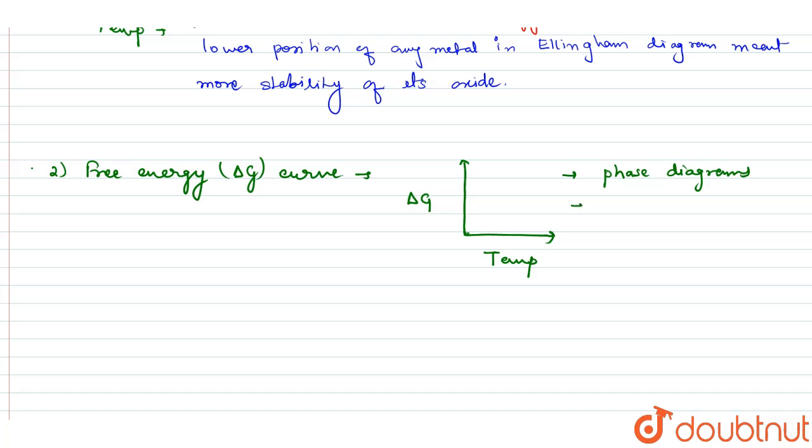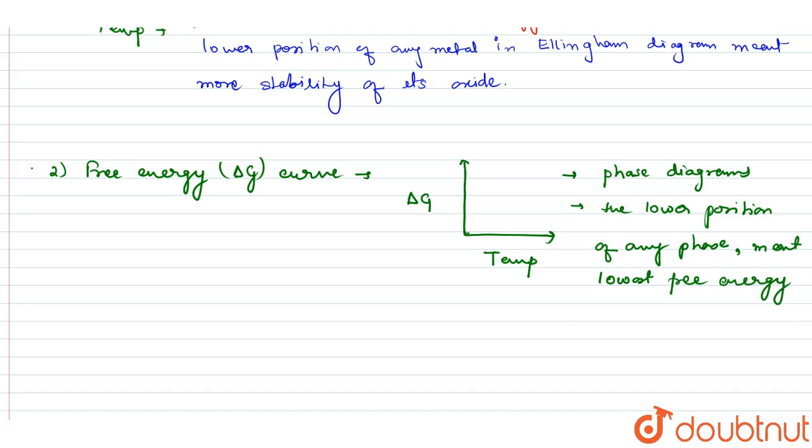What does this curve tell us? The lower position of any phase in this curve meant less free energy, that is lowest free energy, and hence more stability, and hence more stable phase.